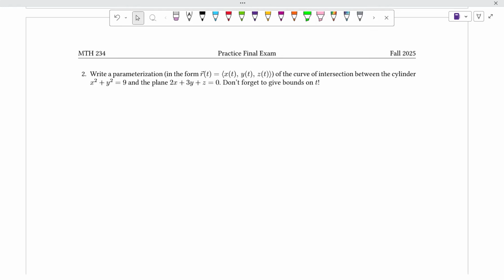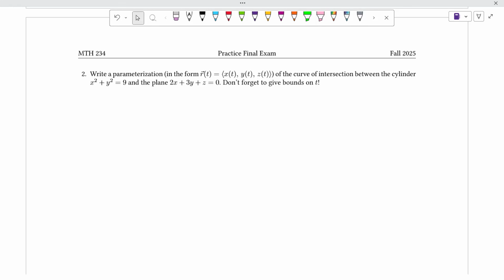Because there are two main ways that we start trying to parameterize curves. One is to try to pick either x, y, or z to be equal to t, and see if I can express the other two variables in terms of that first variable. So that's like a direct parameterization. Pick one variable, let it be t, see if that works.